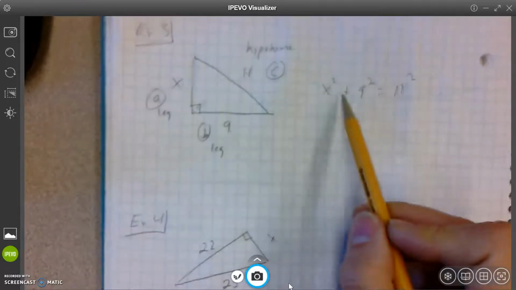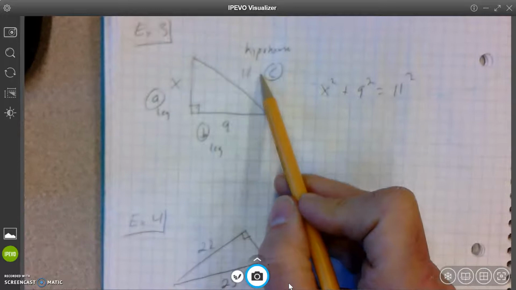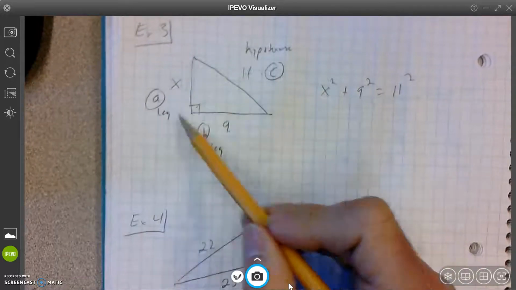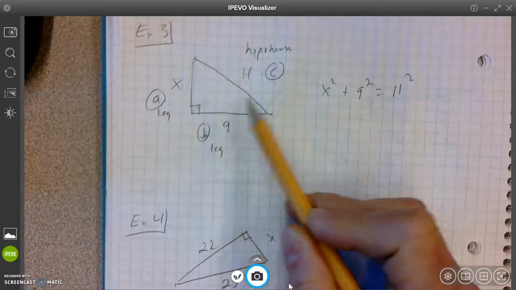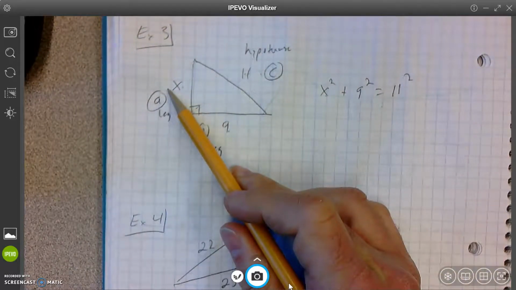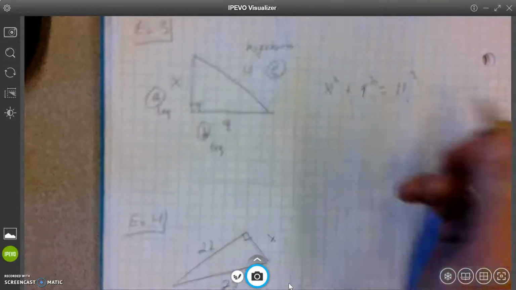So this is where it's a little different. Now the x is over here because I'm finding a leg, I'm not finding the hypotenuse. So you have to make sure you label and figure out what you're trying to find first before you start this step, because you have to make sure that here I'm finding a leg and I'm not finding the hypotenuse, so the x goes here rather than here. That's what's different. So now let's solve.